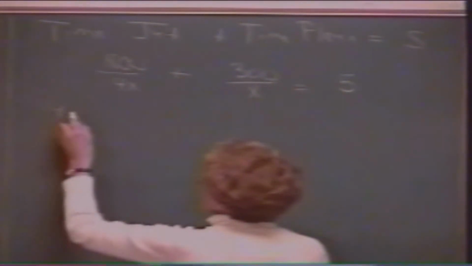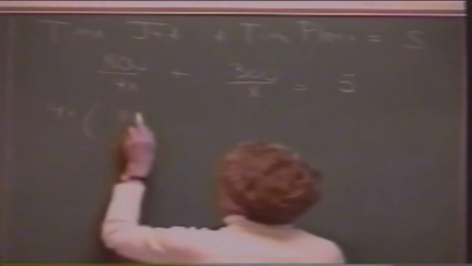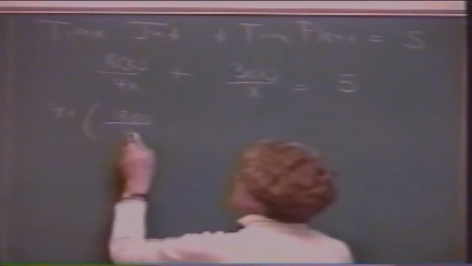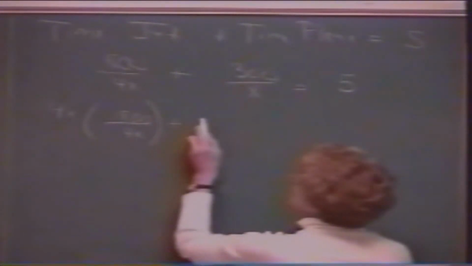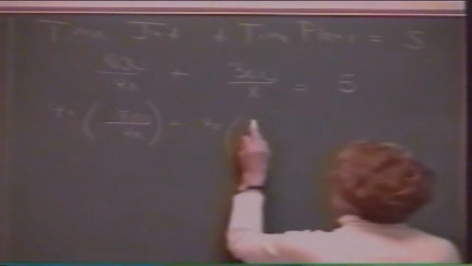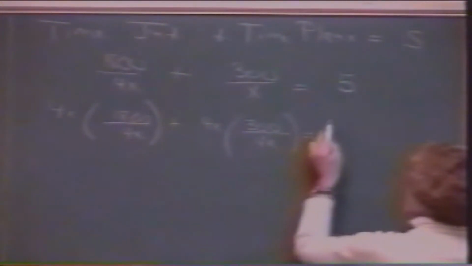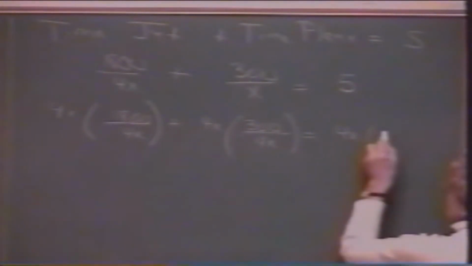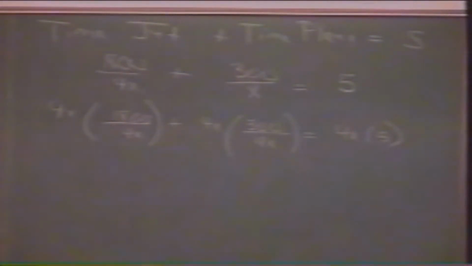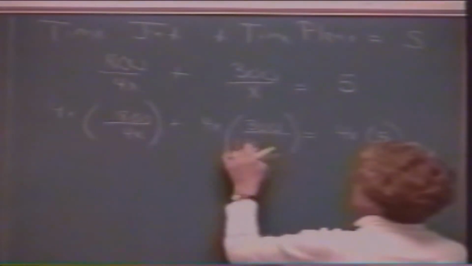So we're going to say 4x times each piece of that, and also, of course, 4x times the 5, because you've got to multiply both sides by 4x.